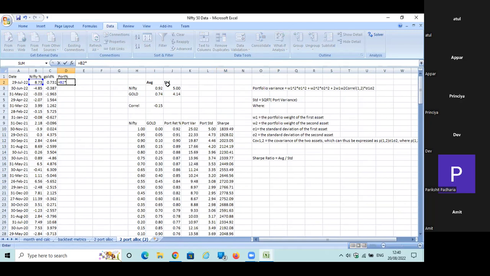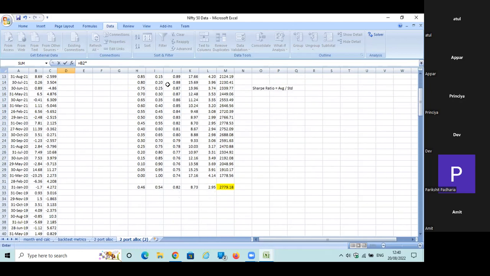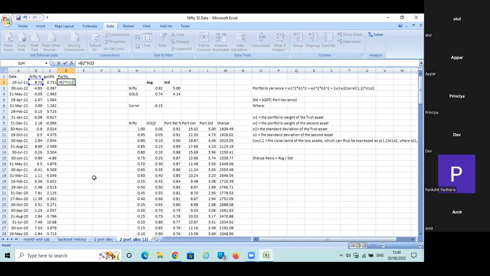I don't know what is that. Come down. Where you solve, no, that put that H32. H32. Lock it. Function F4 or $.